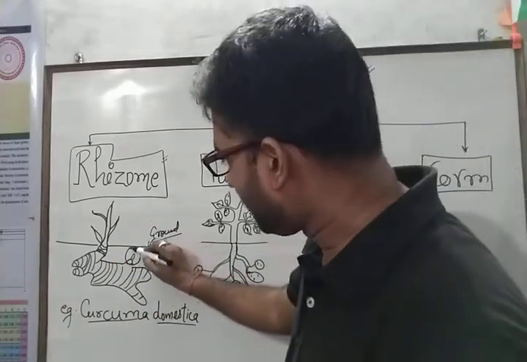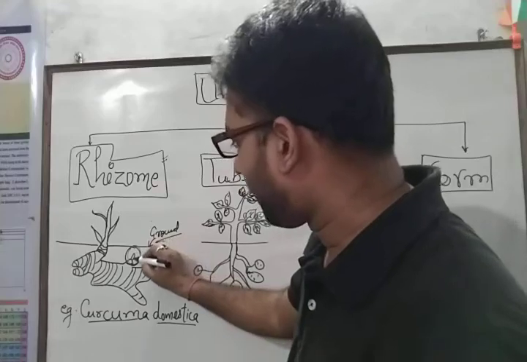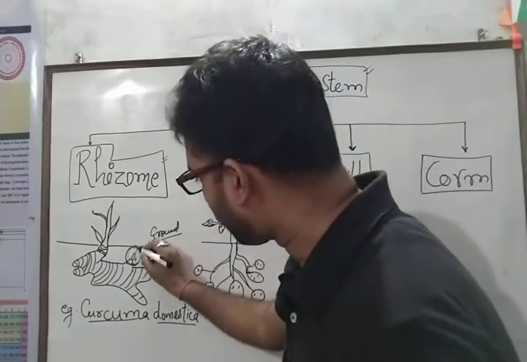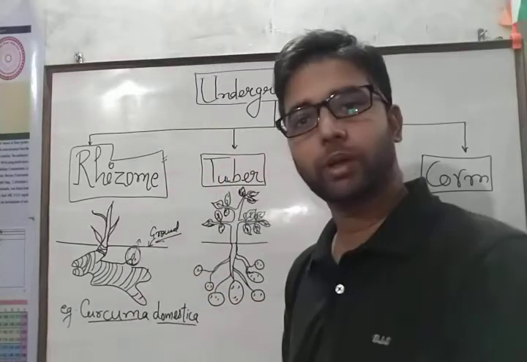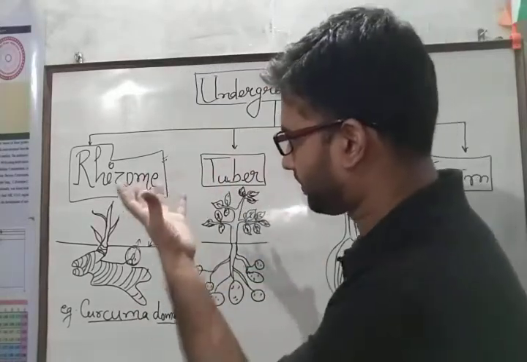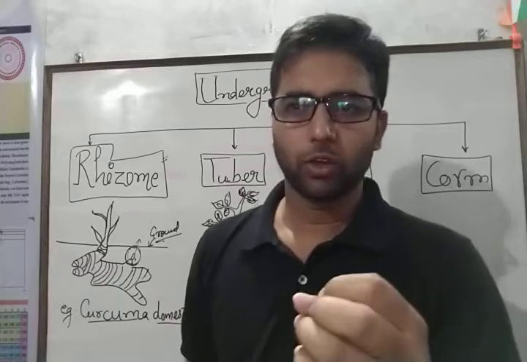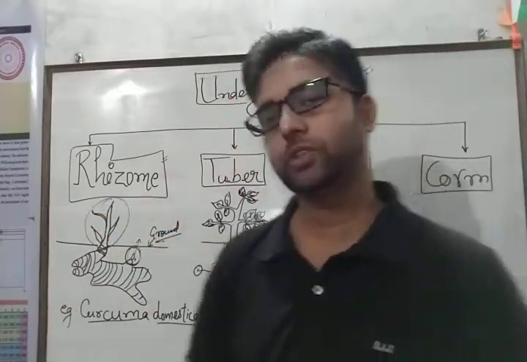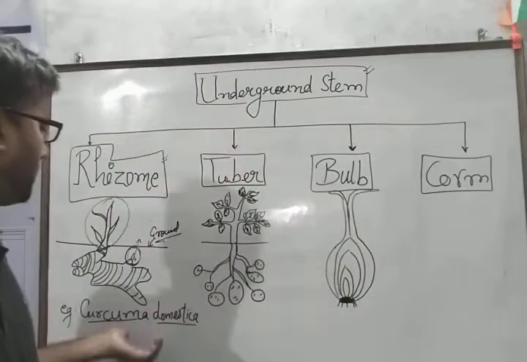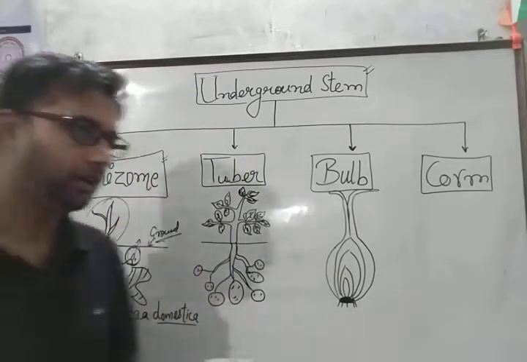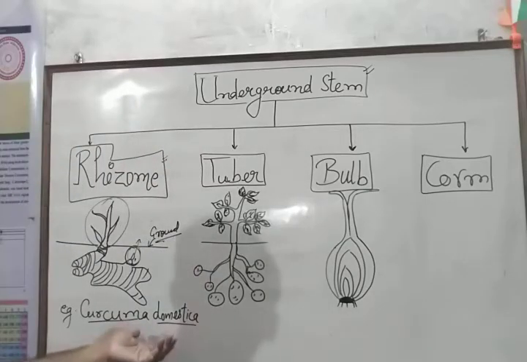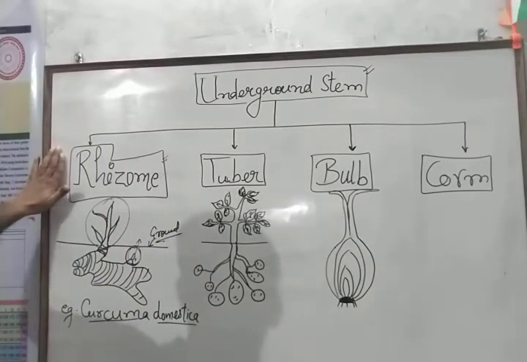At each node a small structure appears, and on getting favorable conditions it grows. Normally, when this one ripens and matures, another one grows. Like in banana, it is a very common method used by farmers. So this is called rhizome.